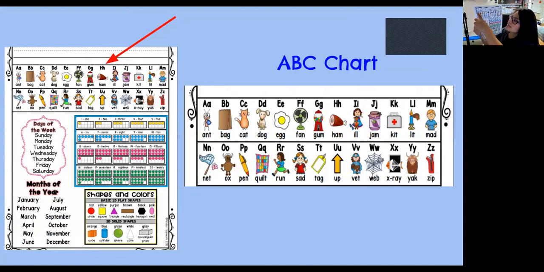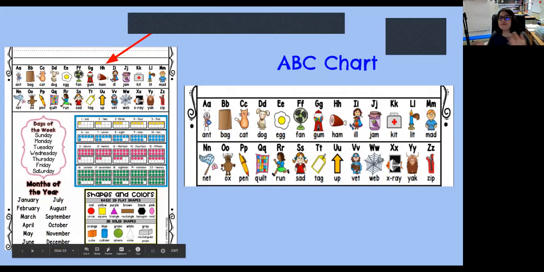Thank you. The letter A, the very first one, has a little ant. And the reason why it has an ant there is because ant begins with the beginning sound of ant, just like the A, okay? So that helps us when we're trying to figure out the sound that letter makes, okay?